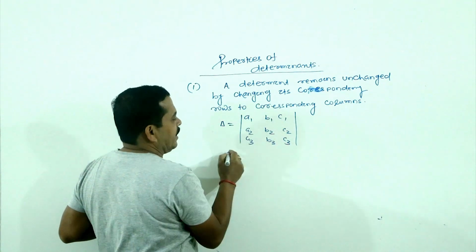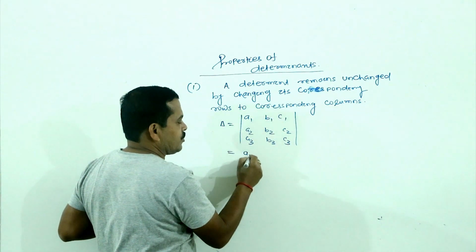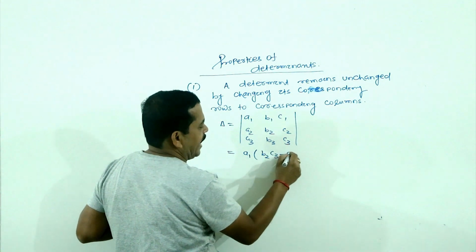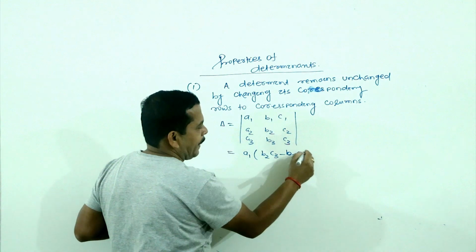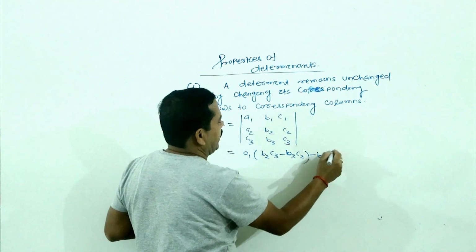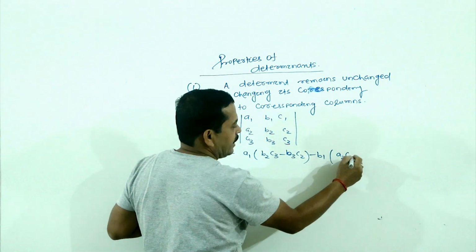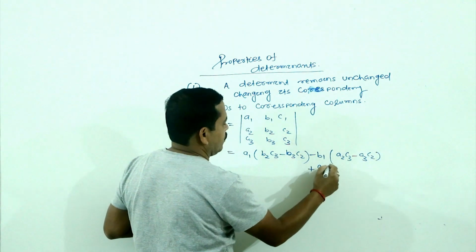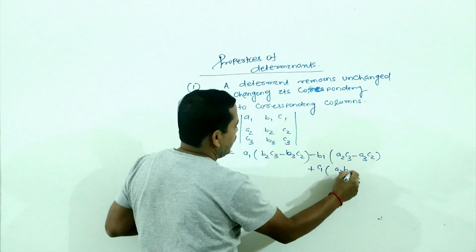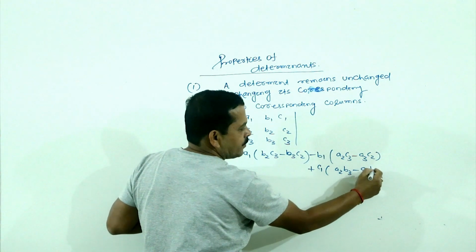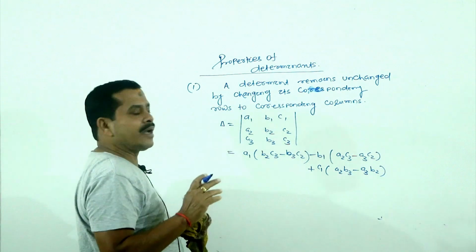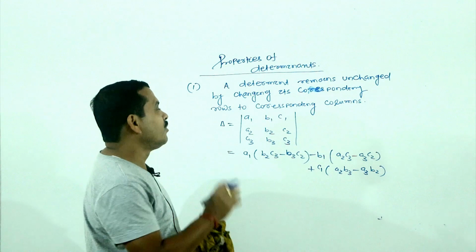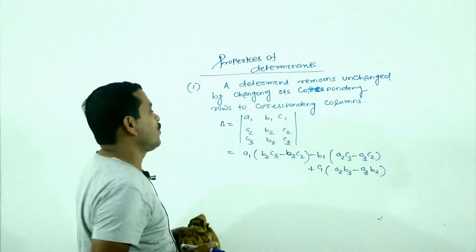If we expand about the first row, this will be A1 into B2, C3 minus B3, C2, minus B1 into A2, C3 minus A3, C2, plus C1 into A2, B3 minus A3, B2. This is the value. This value is the determinant, and we expanded about the first row.